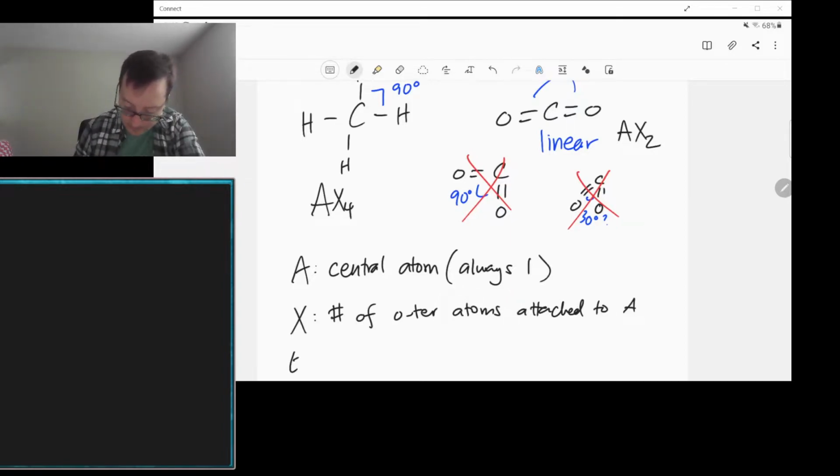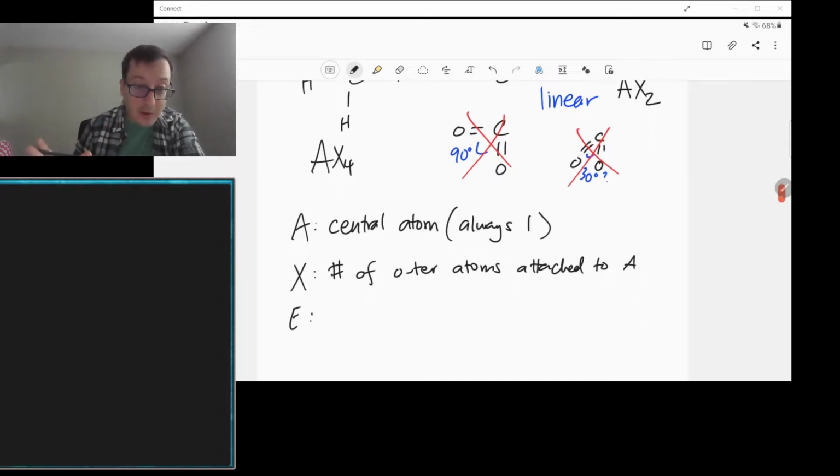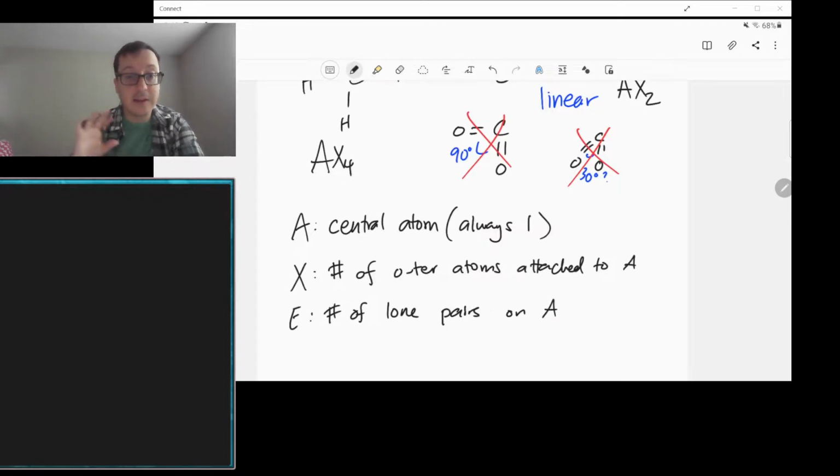And E, although we don't have any with E yet, we're going to see it's the number of lone pairs on your central atom. All right, so everything is about the central atom.